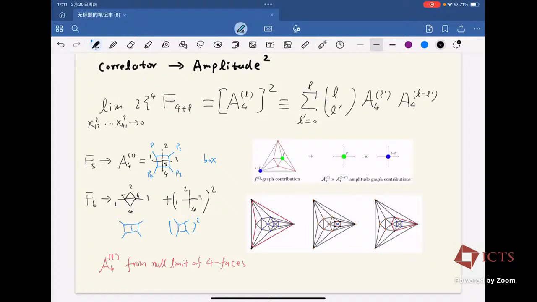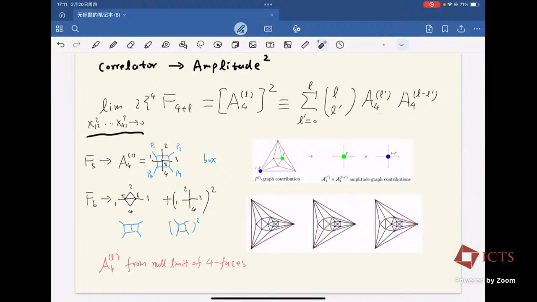If you pick any 4 points and take this Lie-like limit, the foregone Lie-like limit multiplied by this prefactor, you get the 4-point amplitude at L loop squared. Squared here literally means that you have all the lower loop products that add up to L, right?